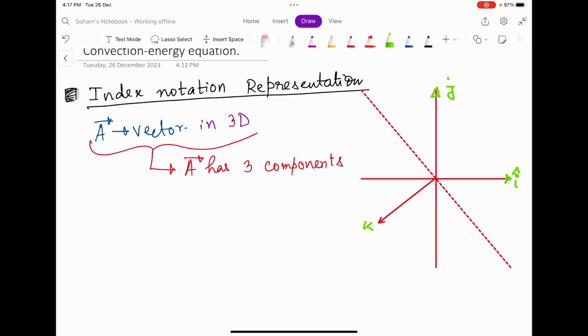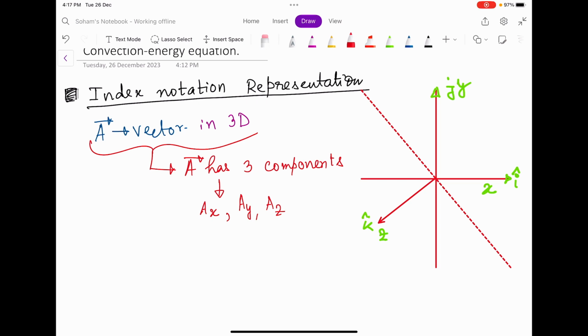This is essentially the x axis, this is y, and this is z. So A has three components: ax along the x-axis, ay along the y-axis, az along the z-axis.